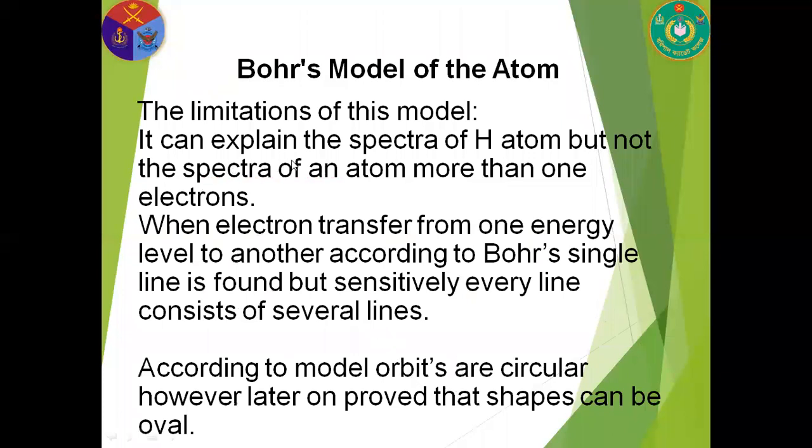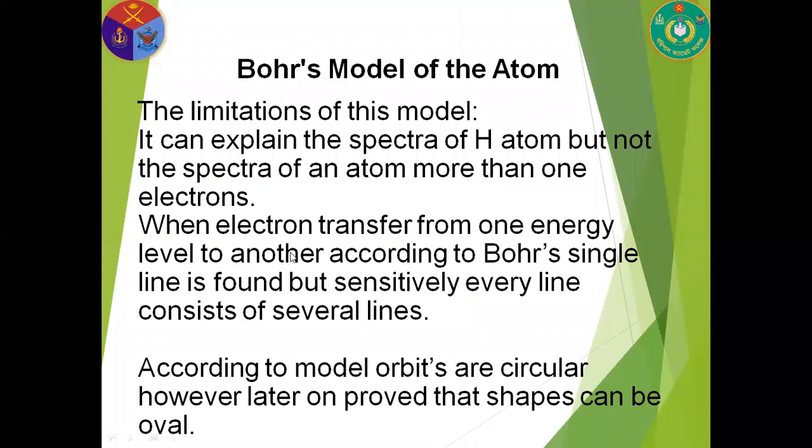It cannot explain the spectra of atoms which contain more than one electron. It can explain only atoms which contain one electron. Here, it can explain the spectra of the hydrogen atom only.